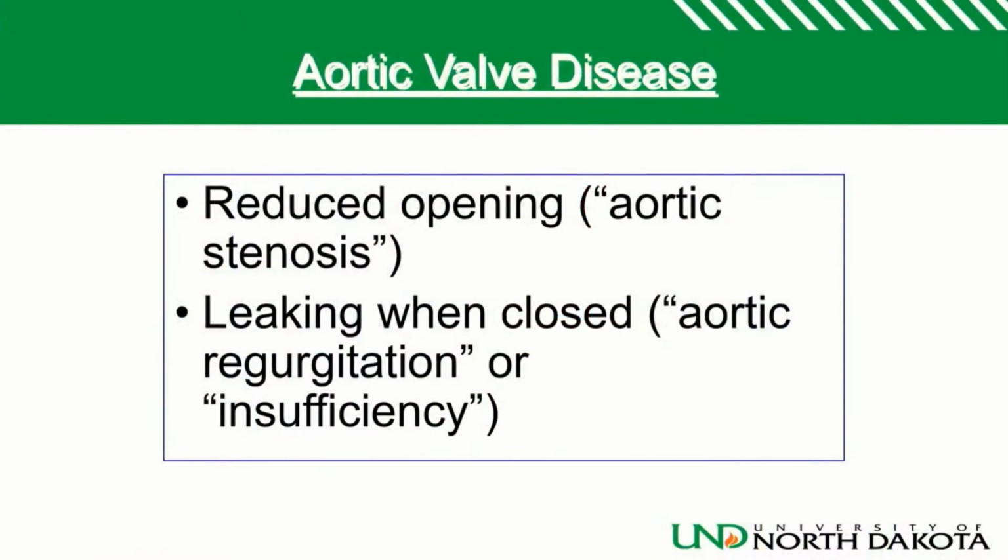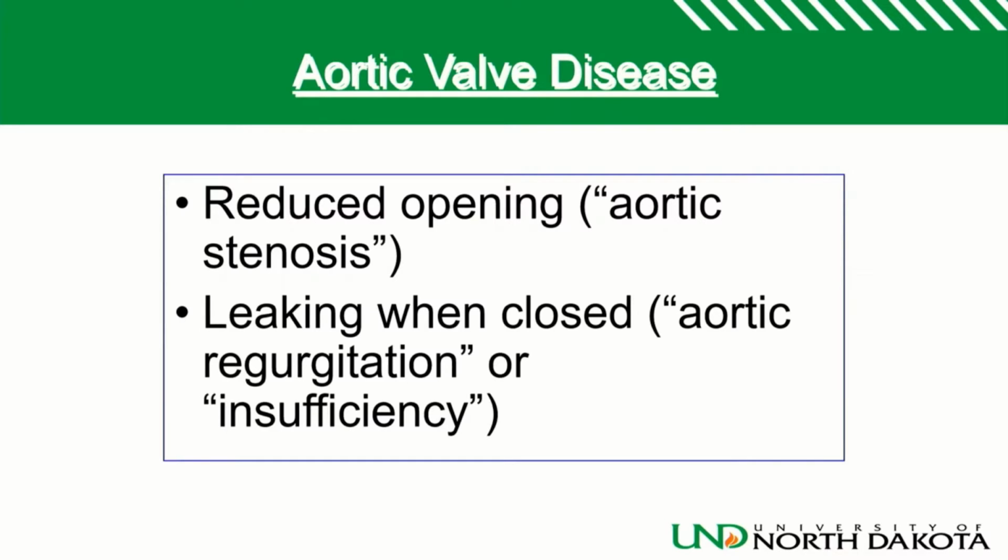Now let's go from the aorta, the big blood tube, to the aortic valve. The aortic valve, again, is supposed to be a one-way valve that opens during what we call systole, when the heart contracts, and closes during the relaxation phase, or diastole. It can become diseased in two ways.